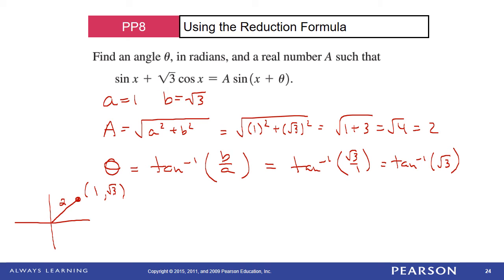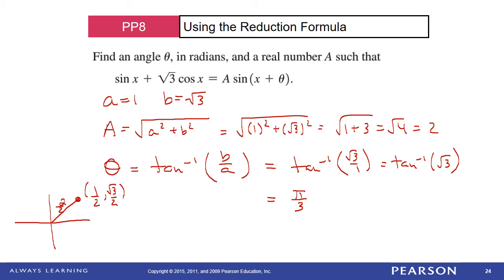All right, and if the x value is 1 and the y value is root 3, you know that the r value is 2. But what angle are you looking at when you do that? Well, you can make it along the unit circle, because that's what we like to look at. Let's divide everything through by 2. That makes the r value 1. So what angle measurement gives you an x value of 1/2 and a y value of root 3 over 2?